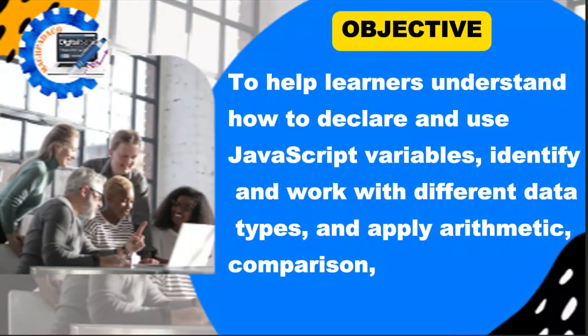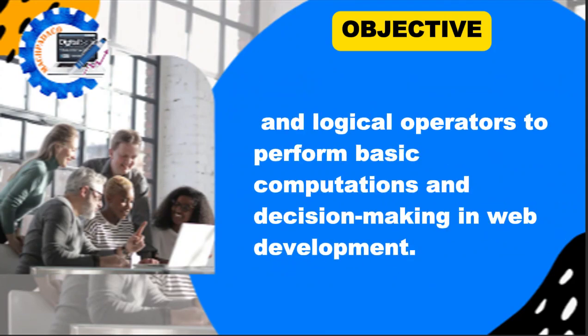Objective: to help learners understand how to declare and use JavaScript variables, identify and work with different data types, and apply arithmetic, comparison, and logical operators to perform basic computations and decision-making in web development.